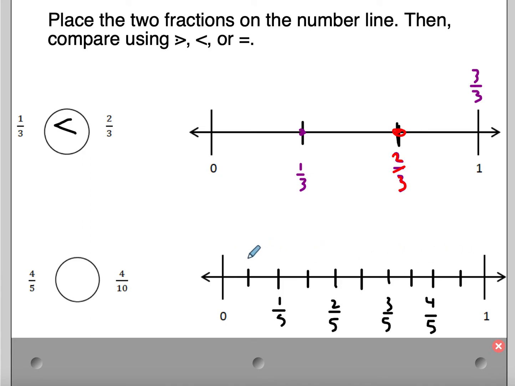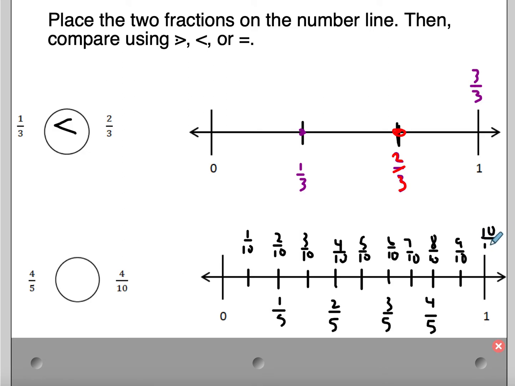So I have 1/10, 2/10, 3/10, 4/10, 5/10, 6/10, 7/10, 8/10, 9/10, and 1 whole would be 10/10.